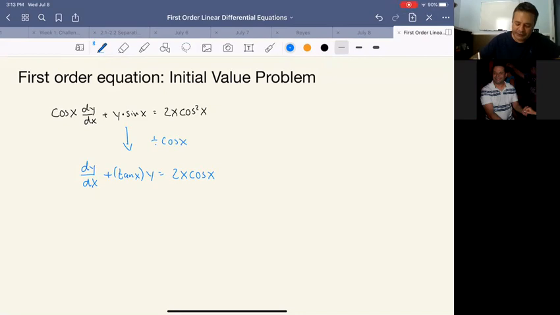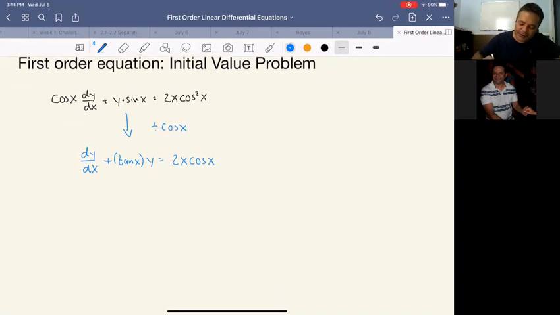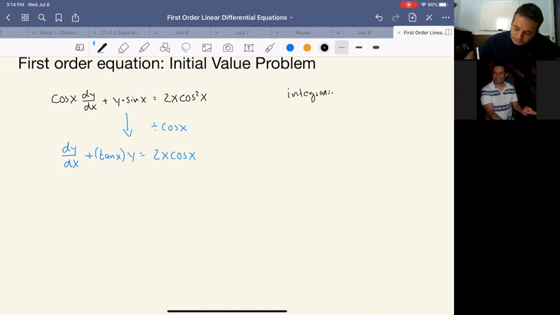Now I'm going to find the integrating factor. The integrating factor is, of course, e to the integral of tan x dx.